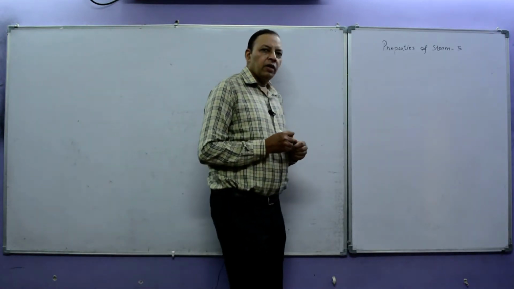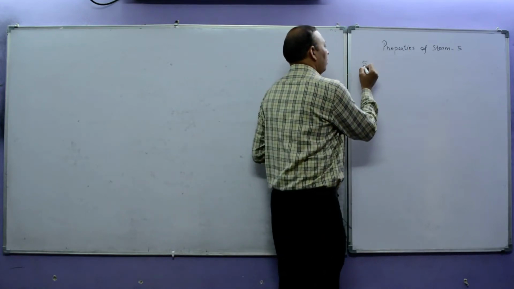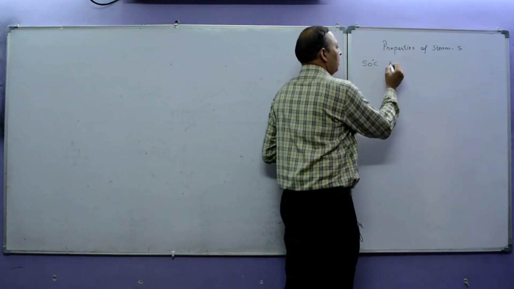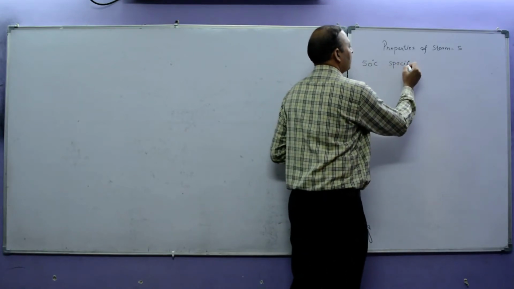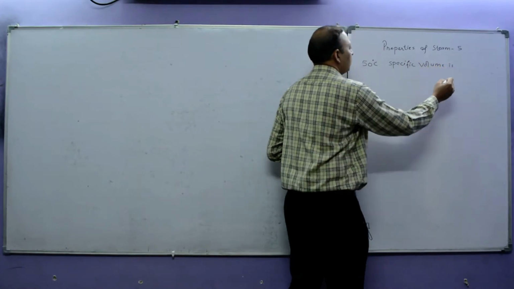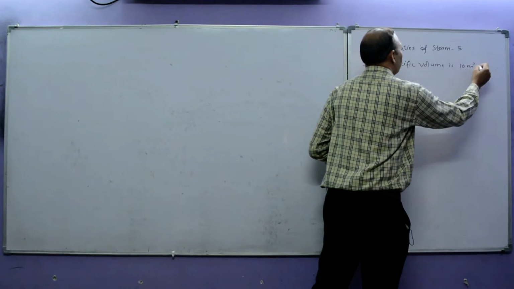Suppose steam is given at 50 degrees Celsius and its specific volume is 10 cubic meter per kg.